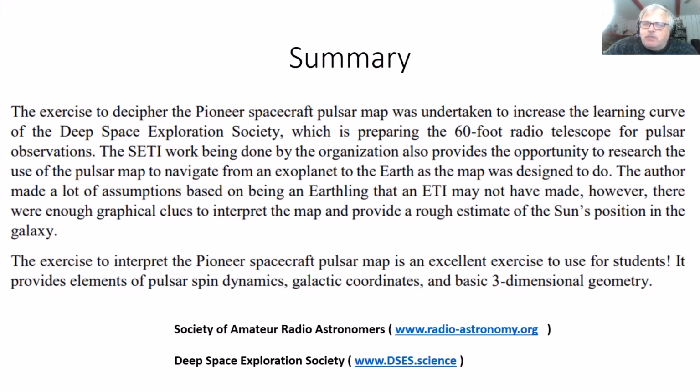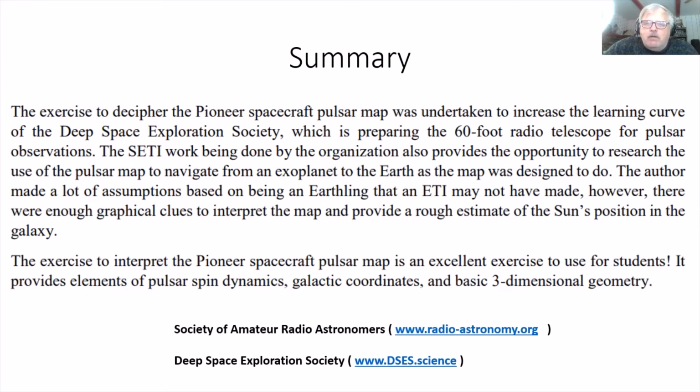We made a lot of assumptions on the ability of an ETI to interpret this map, but I think everything seems reasonable that an advanced civilization would be able to do this, even if they didn't adjust for base 10 or anything like that.